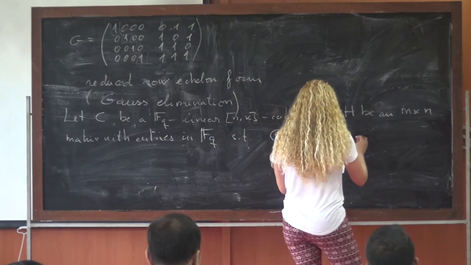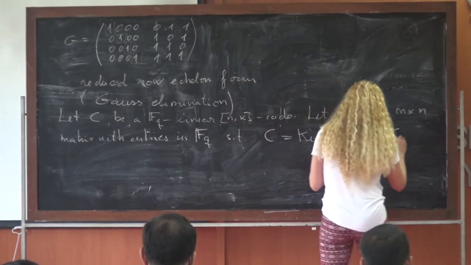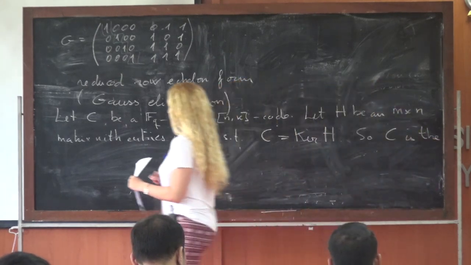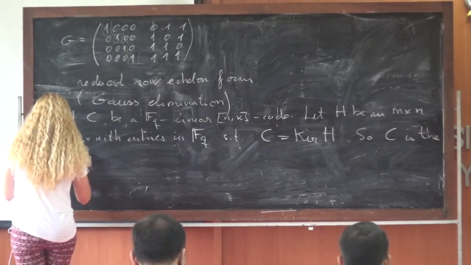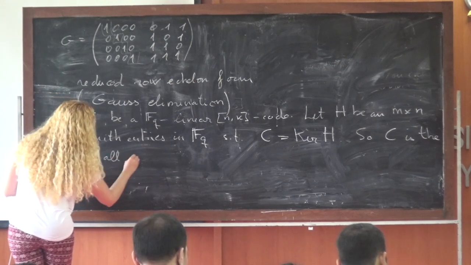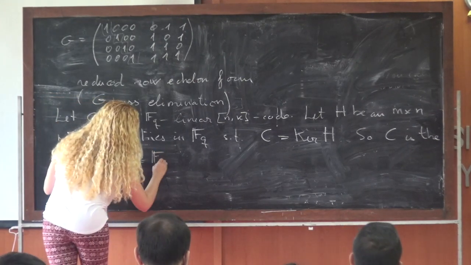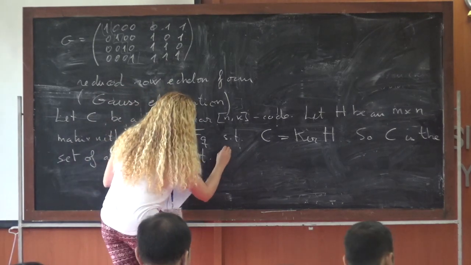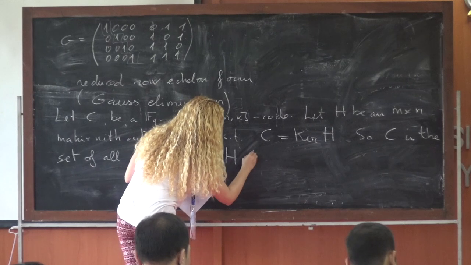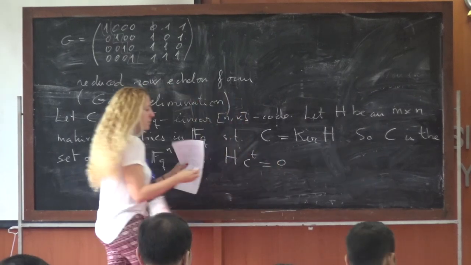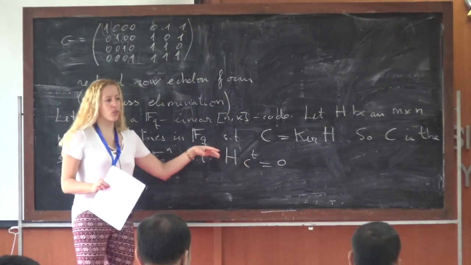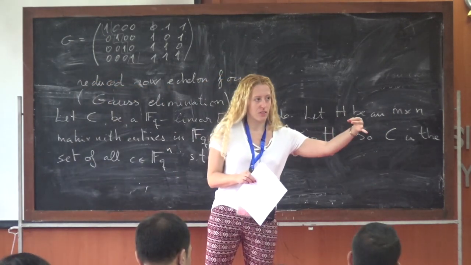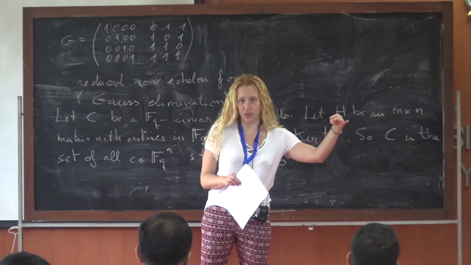Okay? So I can rewrite this in another way. So C is the set of all c in F_q^n such that H c^T is equal to 0. I wrote the transpose because vectors are like this, so they are 1 times n matrices.